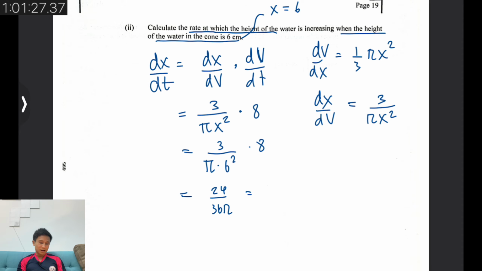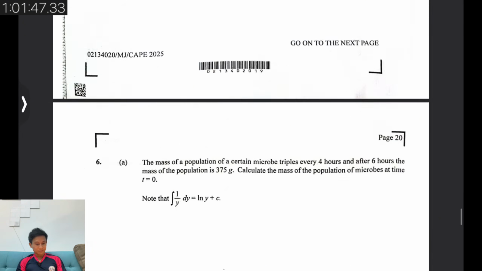This can be kept as an exact form, right? So that's 2 over 3 pi, like that. Yeah, so I'm just going to go with that, dx by dt. Okay, so that's it.